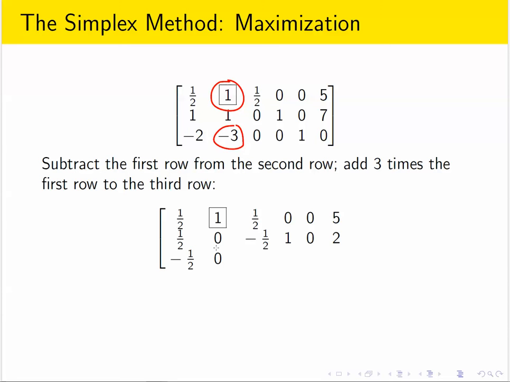Add that to -3, I get 0. 3 times 1/2 is 3/2. Add that to 0, and I get 3/2. 3 times 0 is 0. Add that to 0, and I get 0. 3 times 0 is 0. Add that to 1, and I get 1. 3 times 5 is 15. Add that to 0, and I get 15.